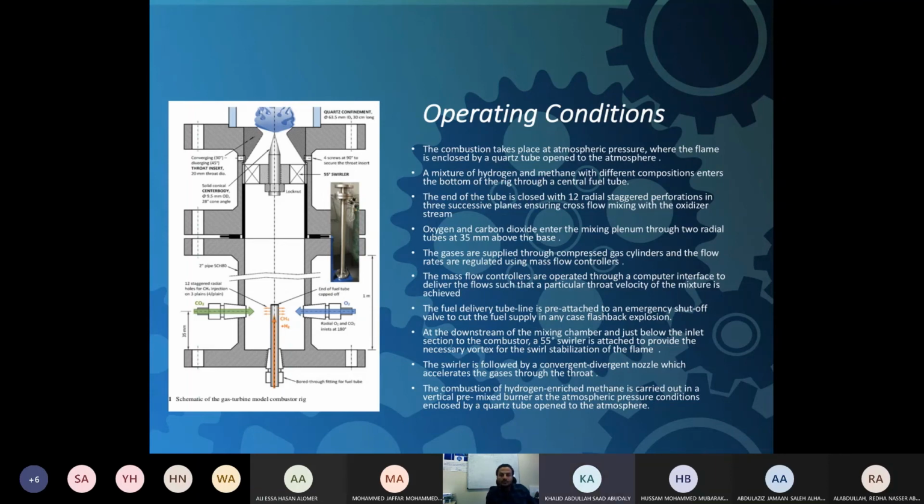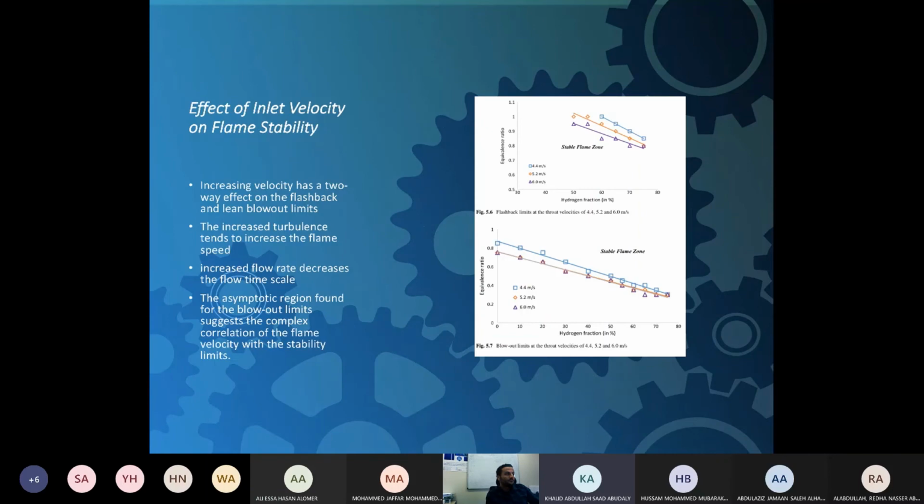The combustion of hydrogen enriched methane is carried out in a vertical premixed burner at atmospheric pressure conditions, enclosed by a quartz tube open to the atmosphere. The effect of velocity on flame stability: increasing the velocity has two ways of affecting the flashback and the blowouts.